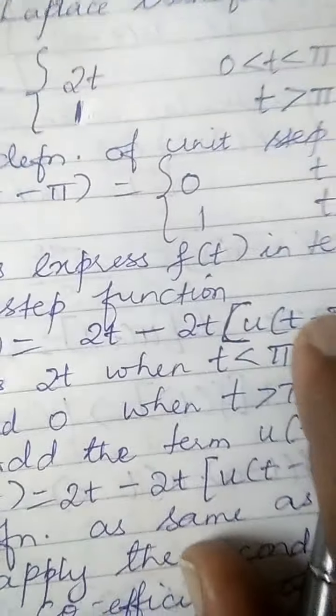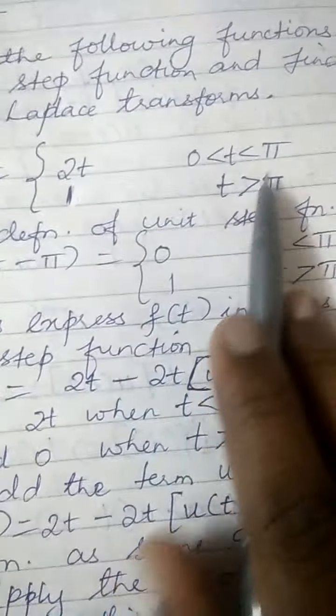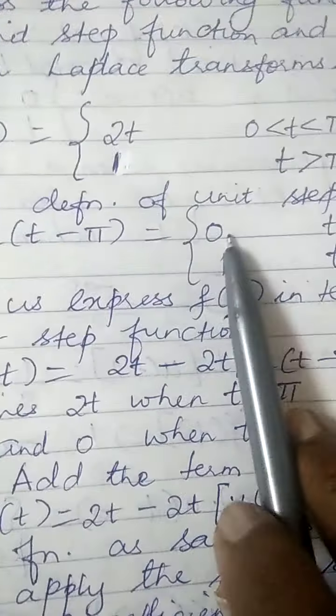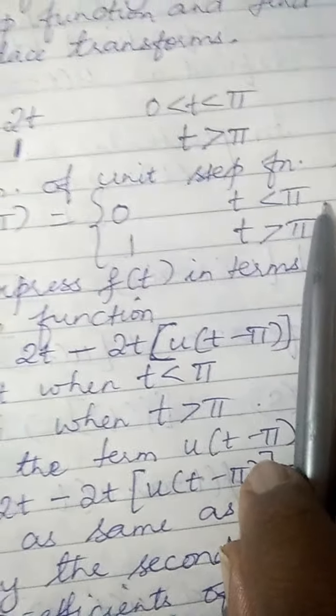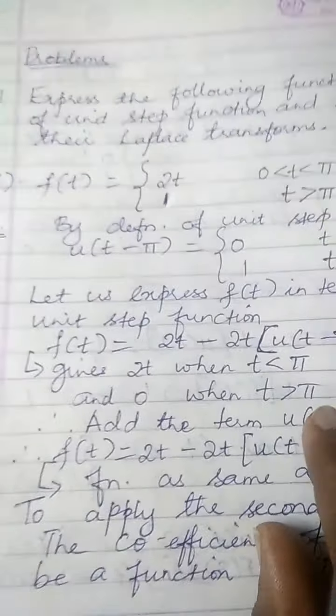So by the definition of unit step function, in this case a is equal to pi. So u of t minus pi is equal to 0 when t less than pi, and it is equal to 1 when t greater than pi.